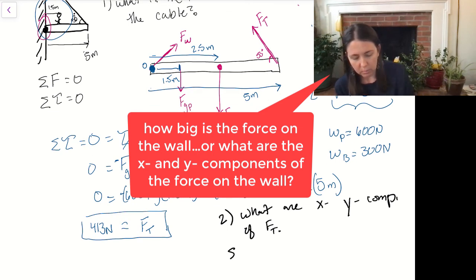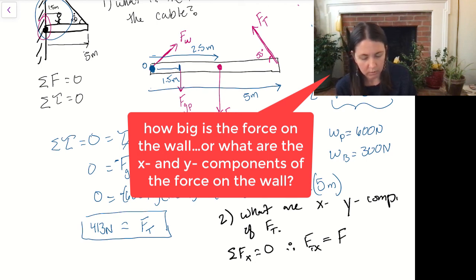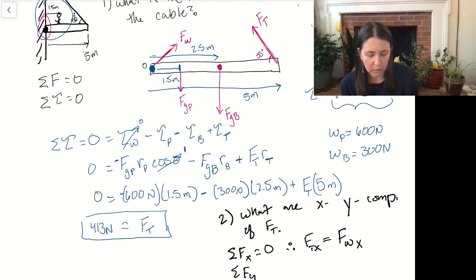You know that the sum of the forces in the X direction has to be equal to 0, which means that the force of tension in the X direction is equal and opposite to the force on the wall in the X direction. So you could solve this out, and then you could sum the forces in the Y direction, find the Y component of this force, and then you could find the angle if you wanted to.